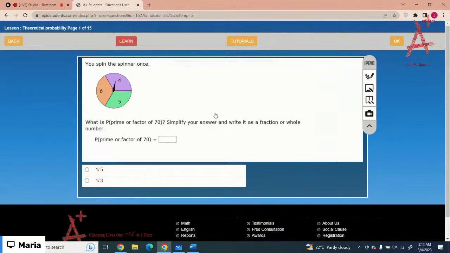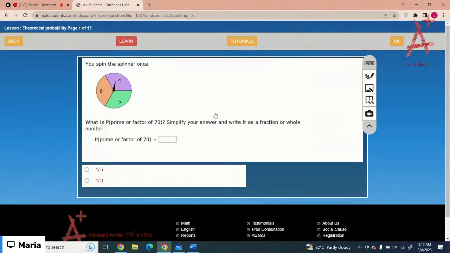Okay, you spin the spinner once. What is the probability of prime or factor of 70? Which number is prime? 5 is prime.